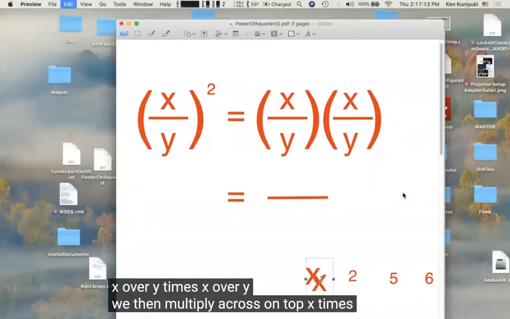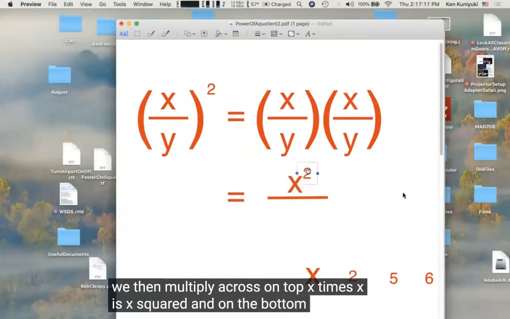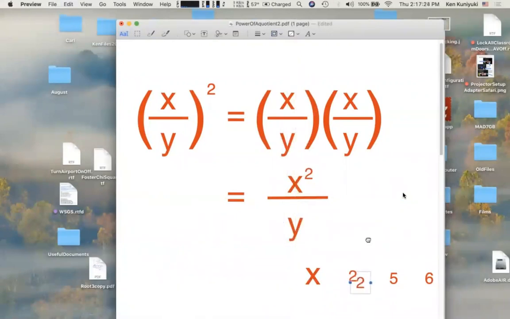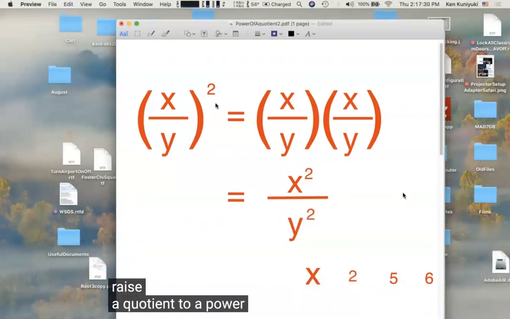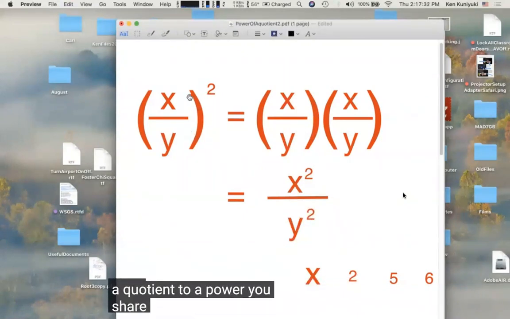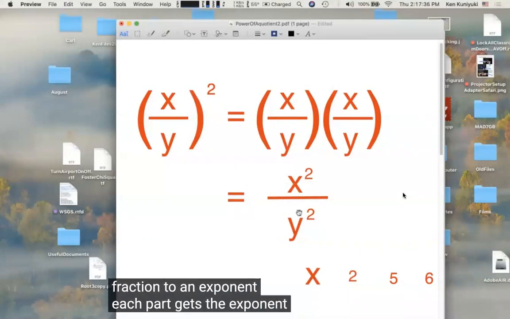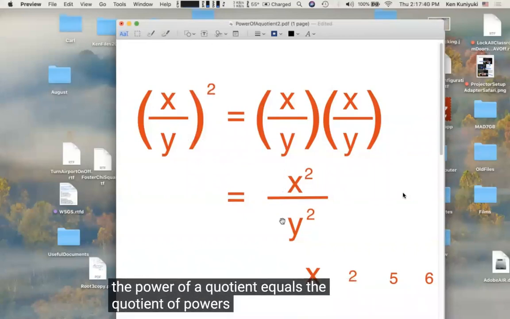On top, x times x is x squared. And on the bottom, y times y is y squared. So kind of like with a product, when you raise a quotient to a power, you share the exponent. When you raise a fraction to an exponent, each part gets the exponent, x squared over y squared. The power of a quotient equals the quotient of powers.